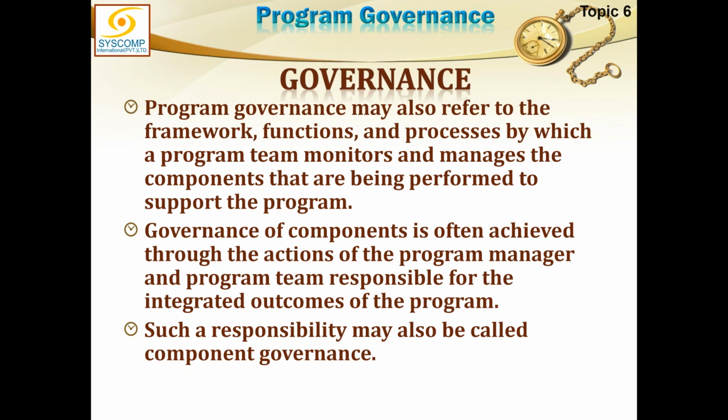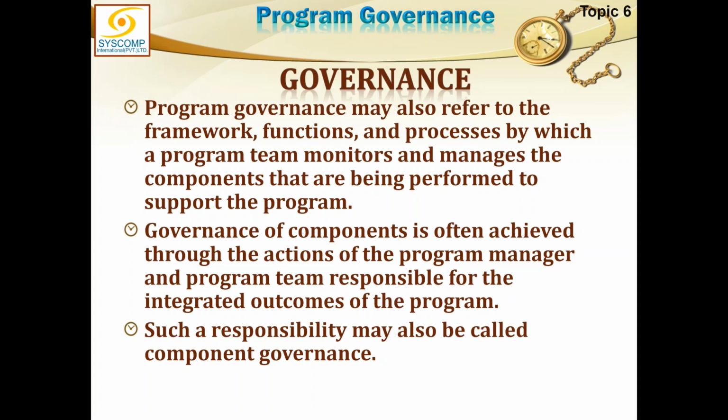For example, there is a project within a program, so program governance will apply how to divide this program into components. What are the components, and how to manage them. So at that level, this is the program governance.